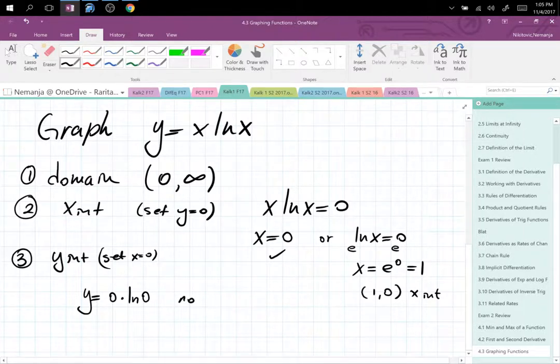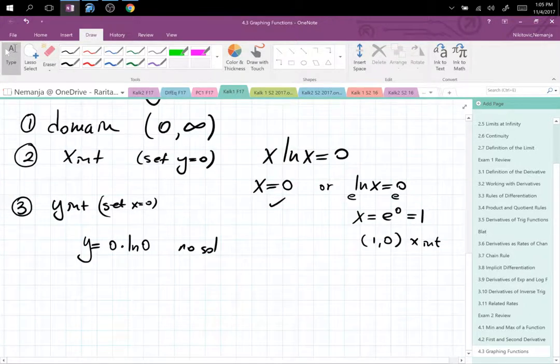No solution over here, so there is no y-intercept. Now that makes sense, because as we can see in the domain, x equals 0 is not part of the domain. That is the y-axis, and we can't have a y-intercept if the y-axis is a vertical asymptote. All of these things fit together. Already spoiled it, right? Vertical asymptote at x equals 0.